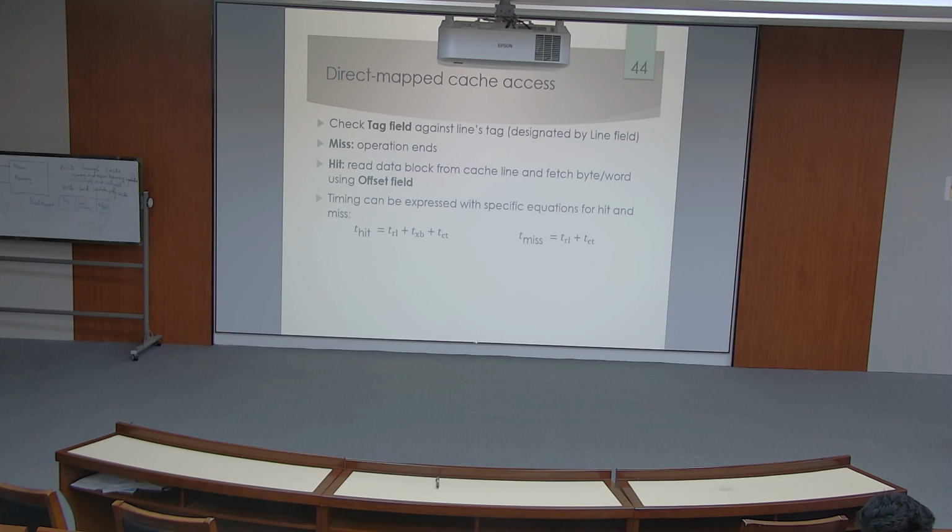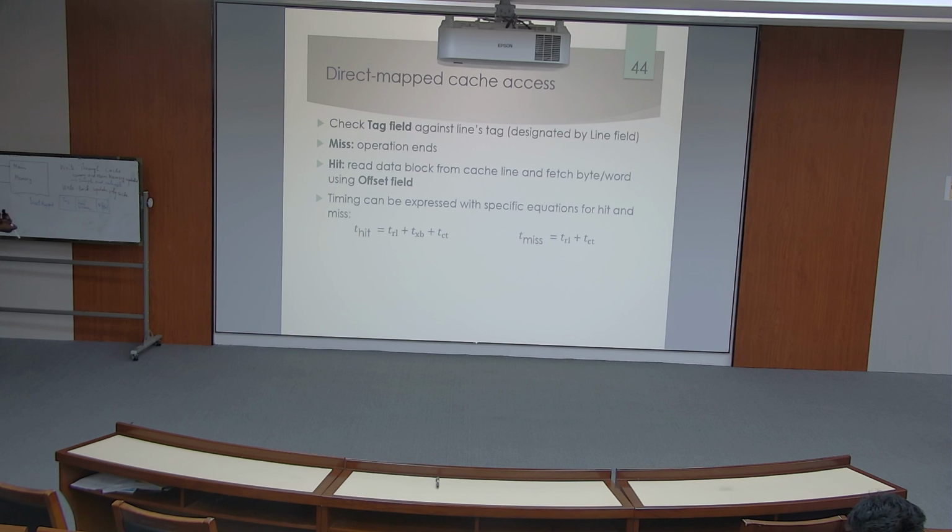We have a miss when the operation ends, and we have a hit when there is a read of the data block from the cache line, and it has to fetch a word or a byte using the offset field, as I said.